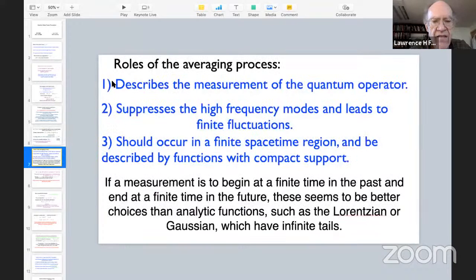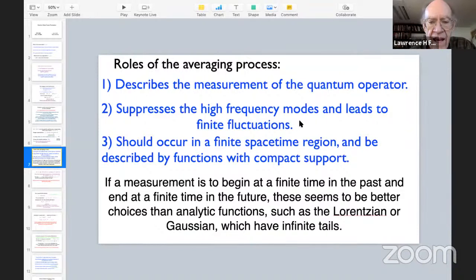But the effect of the averaging is that it is going to suppress the high frequency modes and give you finite fluctuations. But these functions f and g should have a physical meaning. They should actually describe the outcome of a measurement process. And I'll give some examples of that later in this talk.